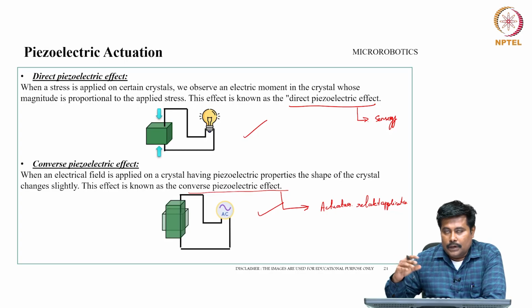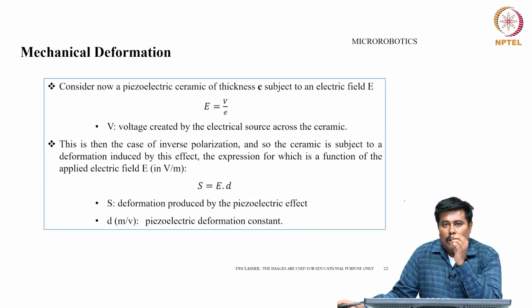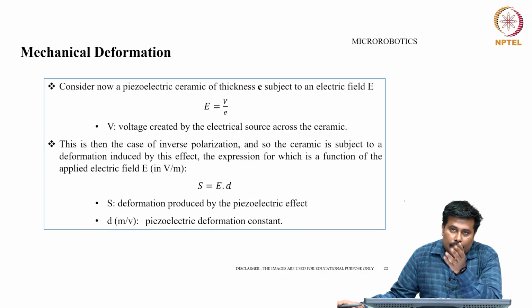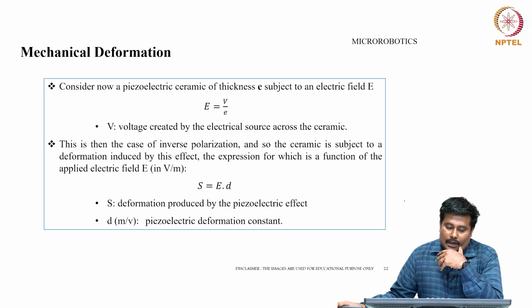Based on the domain and the displacement, it can be used either at a micro level or at a macro level. When we consider these piezoelectric actuators at a macro level, we may need to integrate an appropriate stack into the system to increase the overall displacement of these piezoelectric actuators.